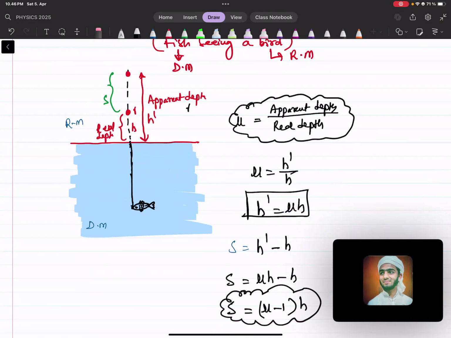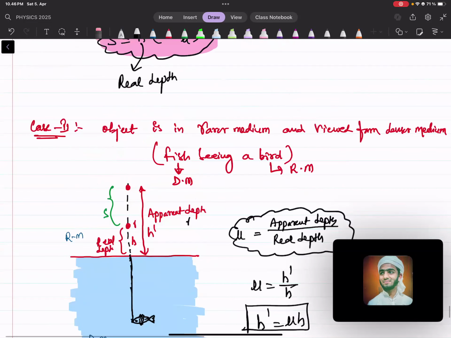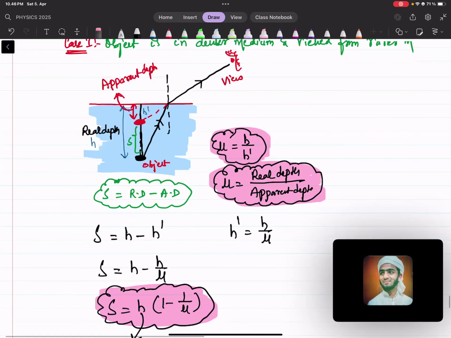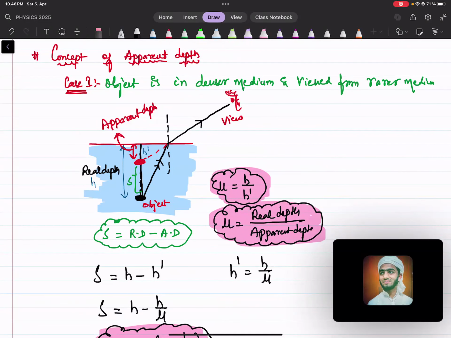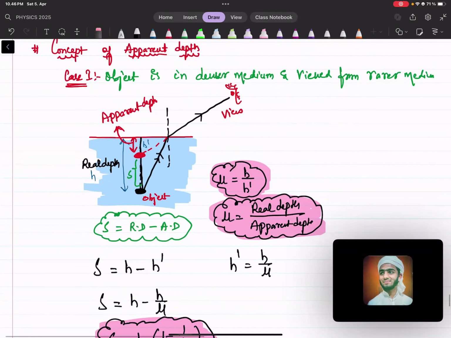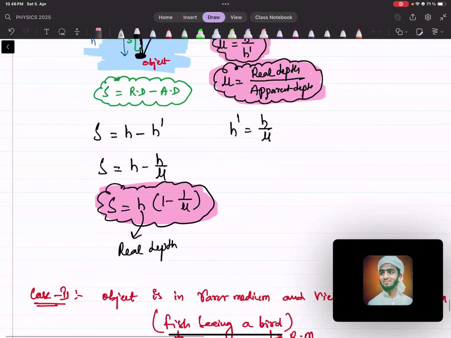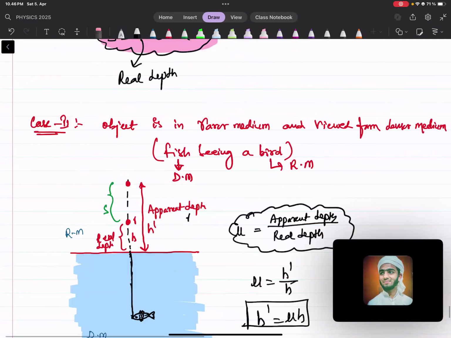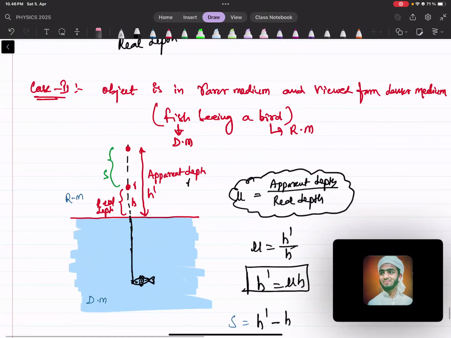Am I clear? Yes, sir. So two cases right now. If the object is in the denser medium, refractive index is calculated by the formula real depth divided by apparent depth. And if the object is in the rarer medium, refractive index is calculated by apparent depth divided by real depth.